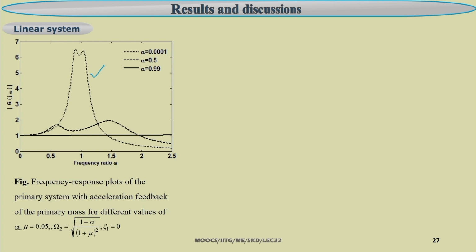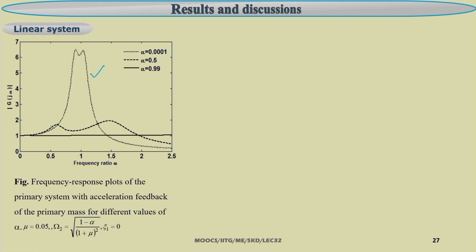By increasing this control parameter alpha to 0.5 or to 0.99, you can see the response amplitude decreases drastically, but here one can observe the resonance peak is slightly high also. Further increasing alpha to 0.99, you can see the response amplitude is flattened and one can get a very small value of response amplitude.